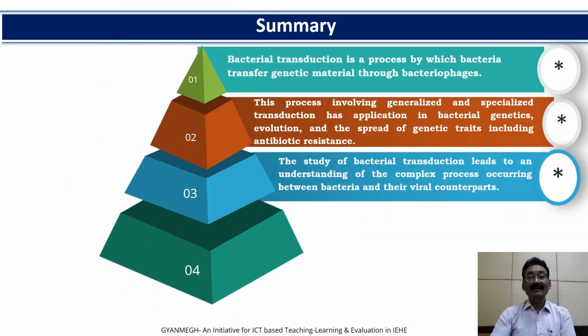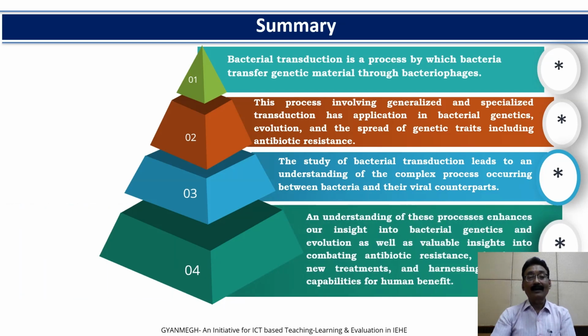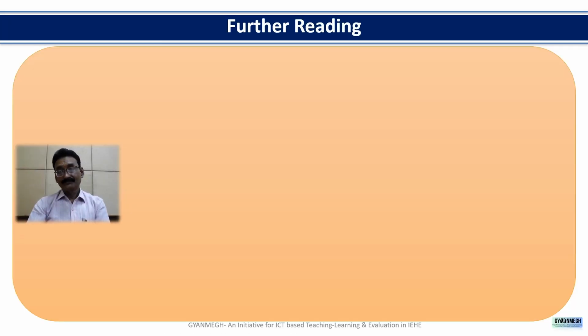The study of bacterial transduction leads to an understanding of the complex processes occurring between bacteria and their viral counterparts. An understanding of these processes enhances our insight into bacterial genetics and evolution, as well as valuable insight into combating antibiotic resistance, new treatment practices, and harnessing their capabilities for human benefit.